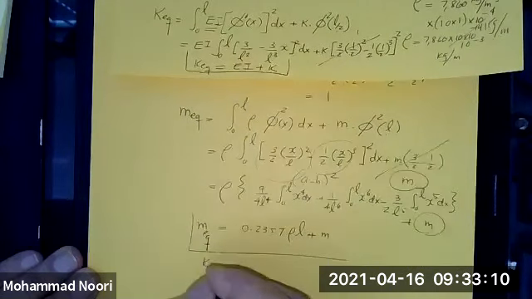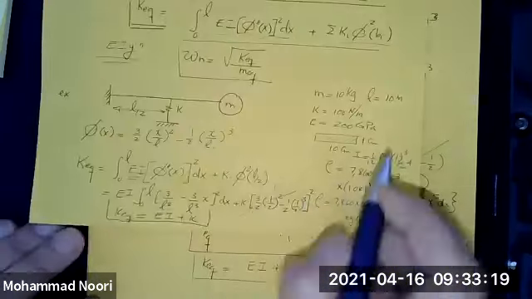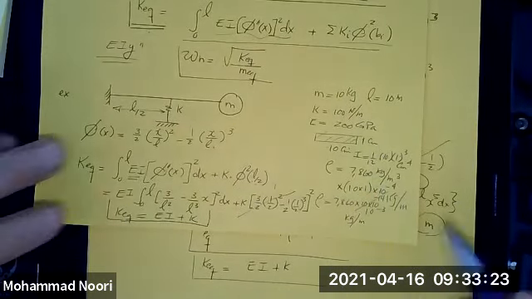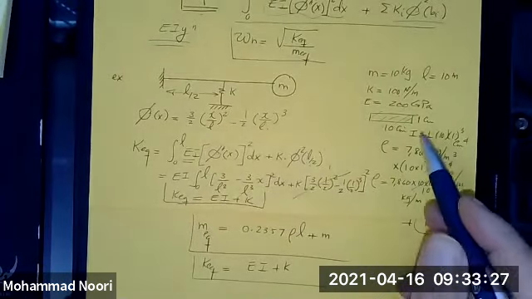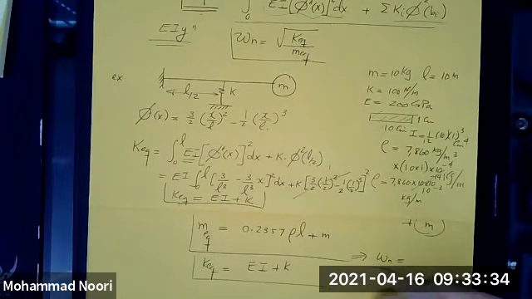So you had K equivalent was EI plus K. Just substitute these values. I have to admit, I didn't finish this example, but you can just substitute these numbers and then simply find the natural frequency.